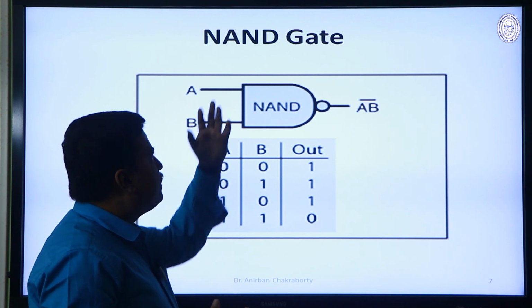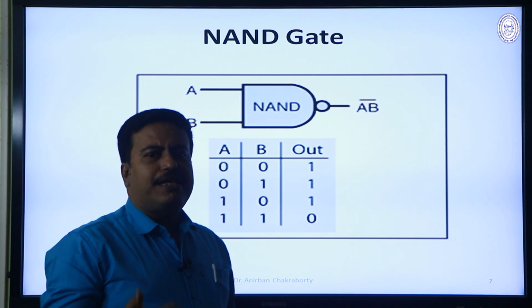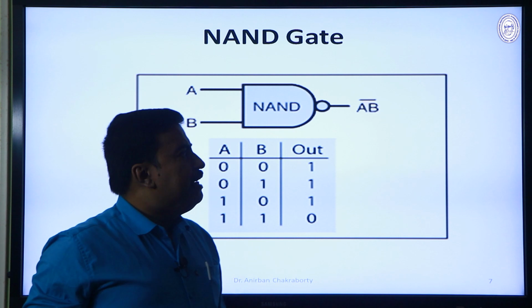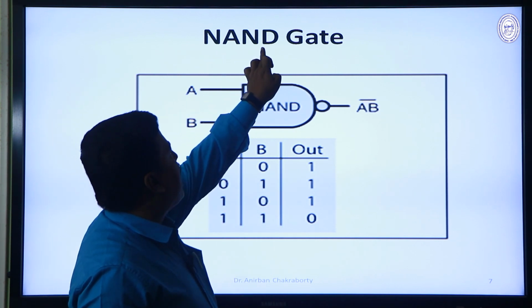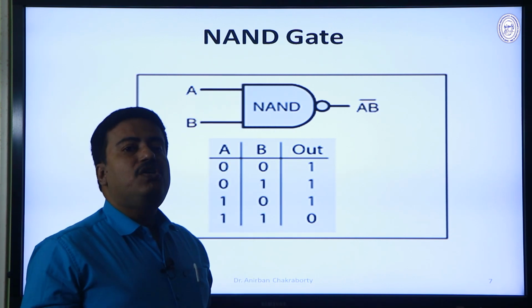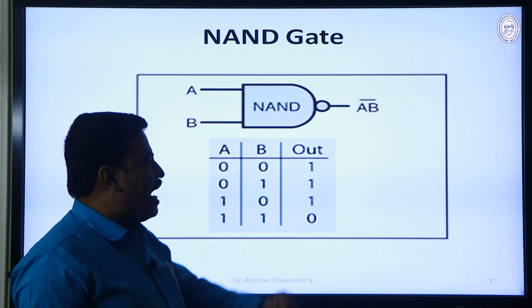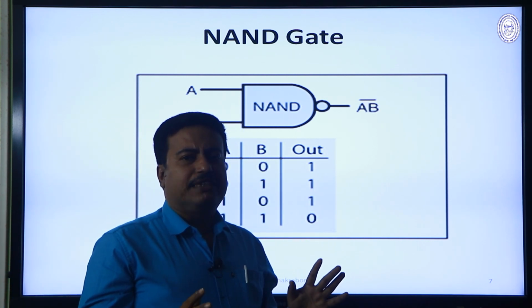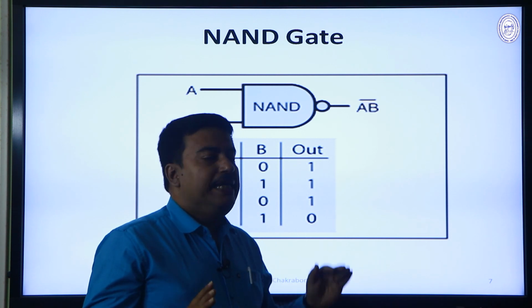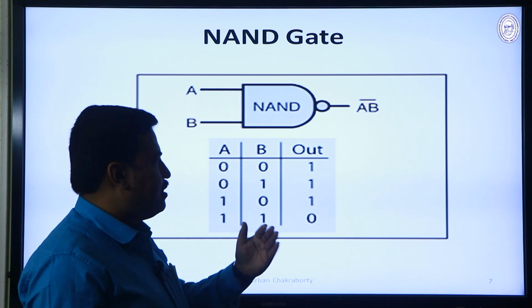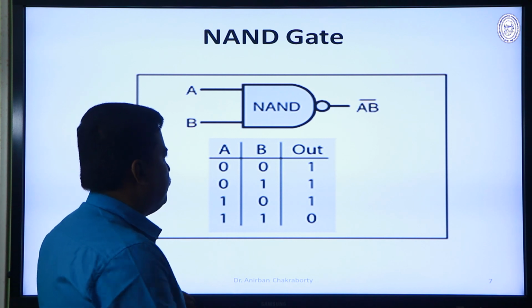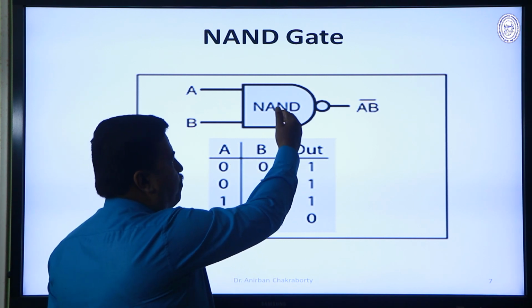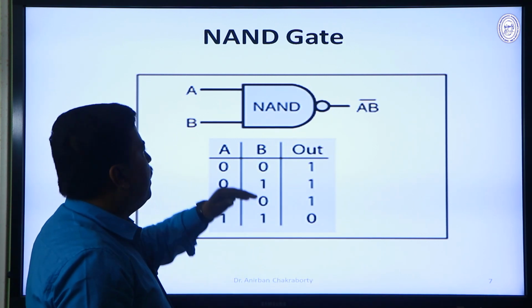So what is the nature of the NAND gate? NAND means NOT of AND. It behaves first like an AND gate, and next the output is inverted, meaning the output is passed through the NOT gate.